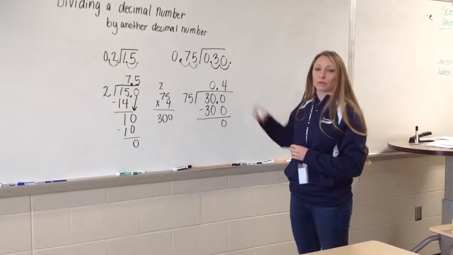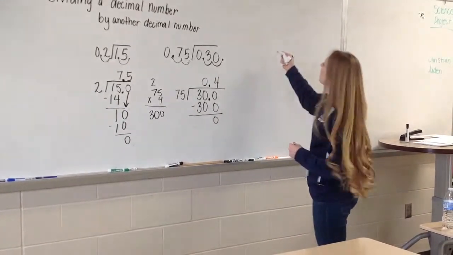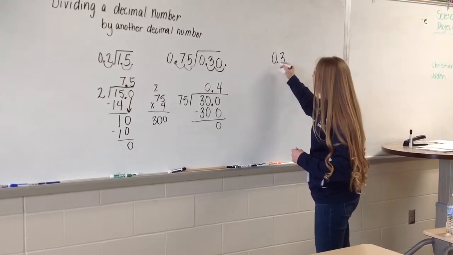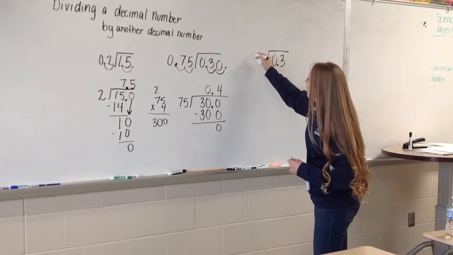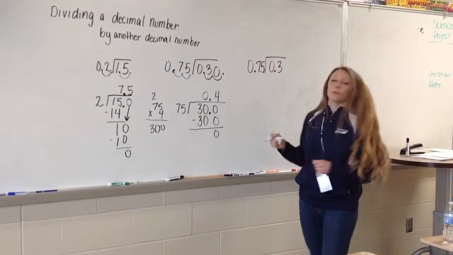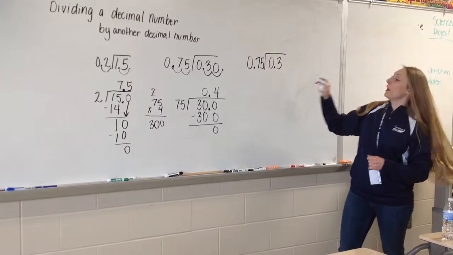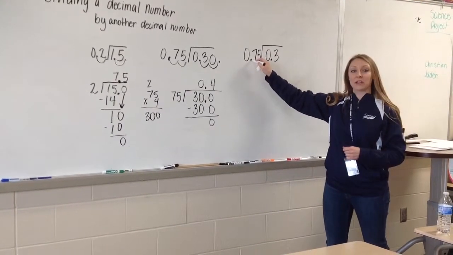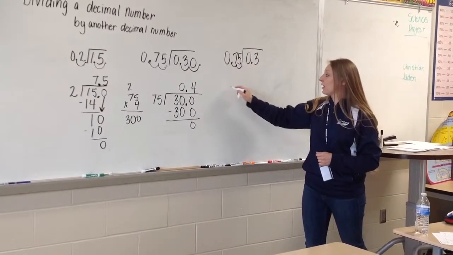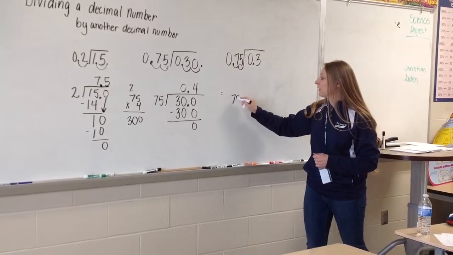So, I'm going to go back and write down what I had originally. The question was actually 3/10, which was 0.3, divided by 75 hundredths, so 0.75. Like we had said, you have to take that decimal point in your divisor and move it over 2 spaces to create the whole number of 75.